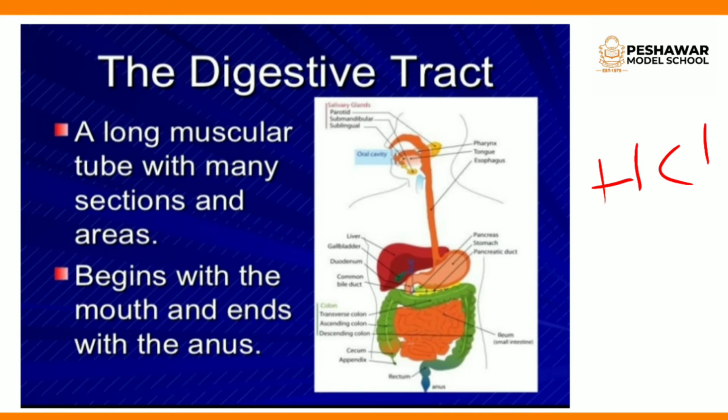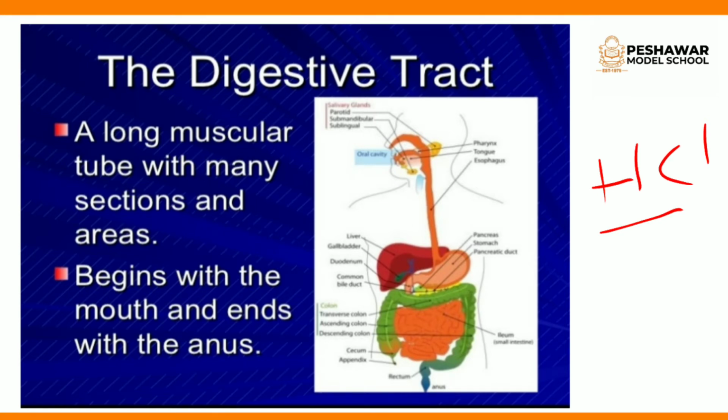Now what is the function of this hydrochloric acid? It kills most of the bacteria in the food. It also gives the best condition for enzymes like proteases to begin the breakdown of proteins in the food. The food is turned around in the stomach for up to 6 hours after a large meal.